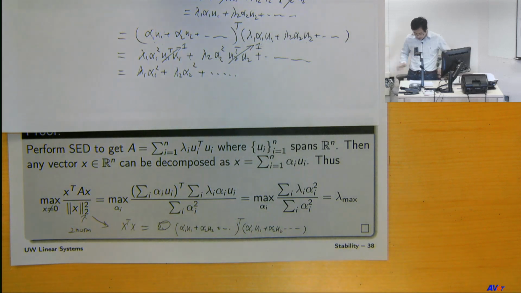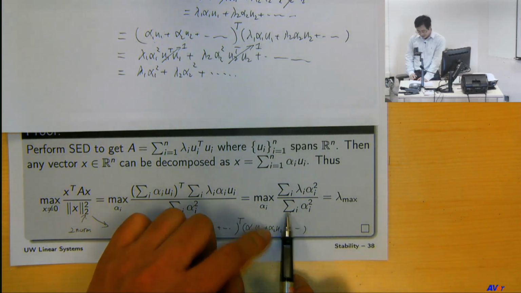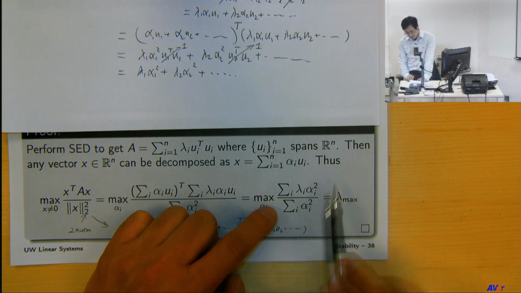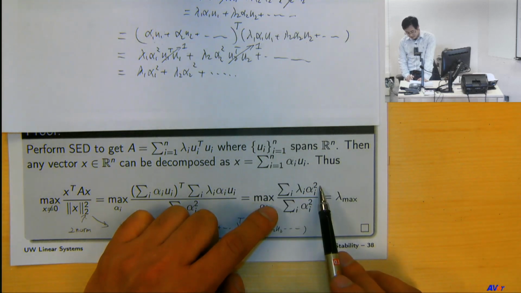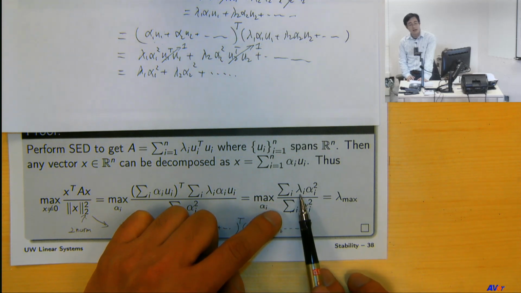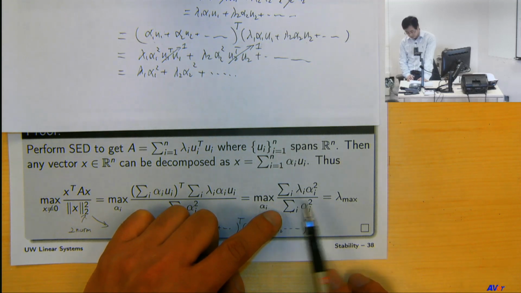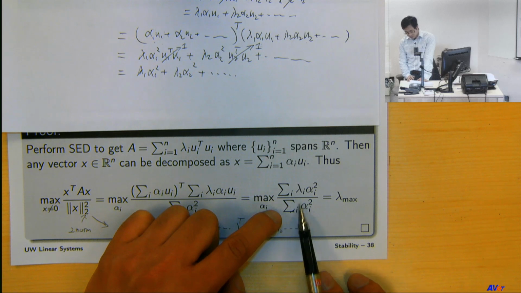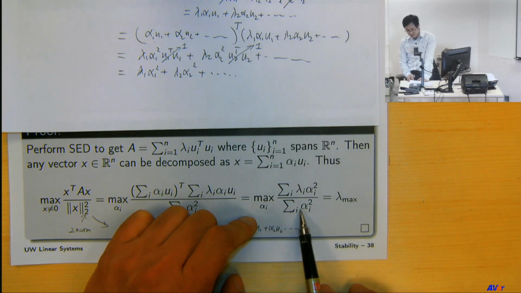All right, very good. Now let's take a look at this one. What would be the worst case when you have this divided by that? If you have a bunch of eigenvalues, lambda 1, lambda 2, all the way to lambda max, what is the maximum number for this divided by that?